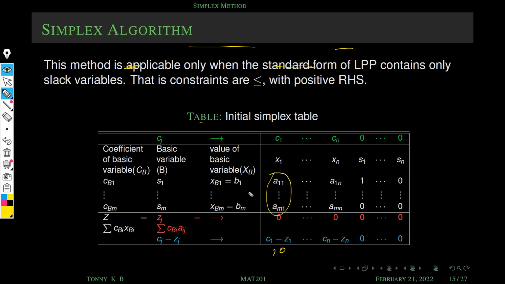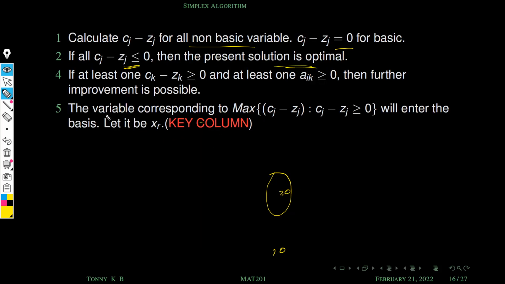That means this one is positive and at least one of the elements from this column is also positive. Then further improvement is possible. Okay. Then the next step is the variable corresponding to the maximum Cj minus Zj, such that Cj minus Zj is greater than or equal to 0, will enter the basis. That means we assume that at least one is positive. Then we have to choose the maximum among such positive quantities.